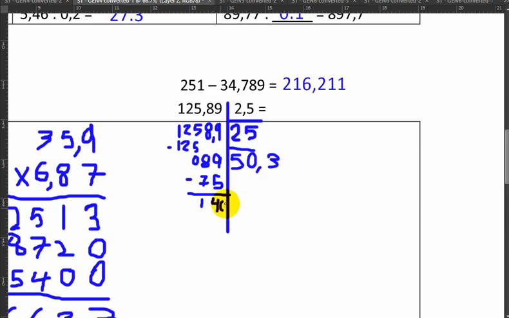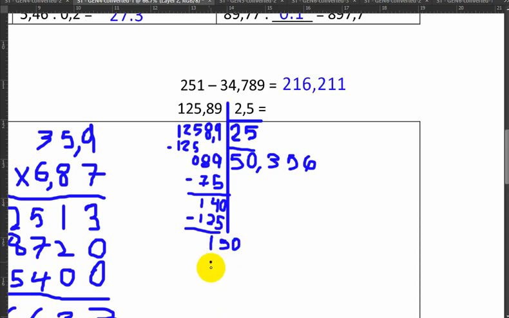Put a 0 next to the 4. For free, 25 goes into this 5 times. We get 5 times 25 gives us 125. This subtraction makes 15. Put a 0 next to it for free. 25 fits into this 6 times.